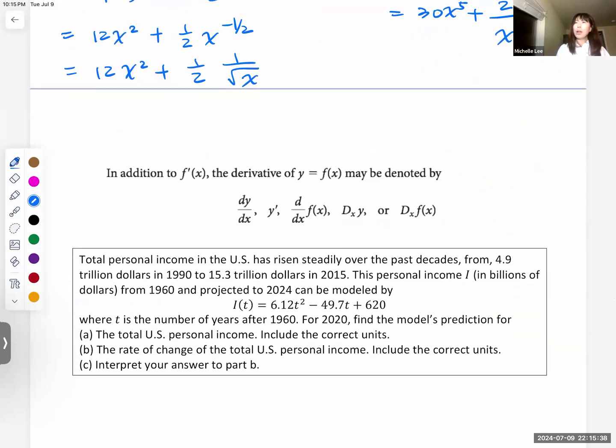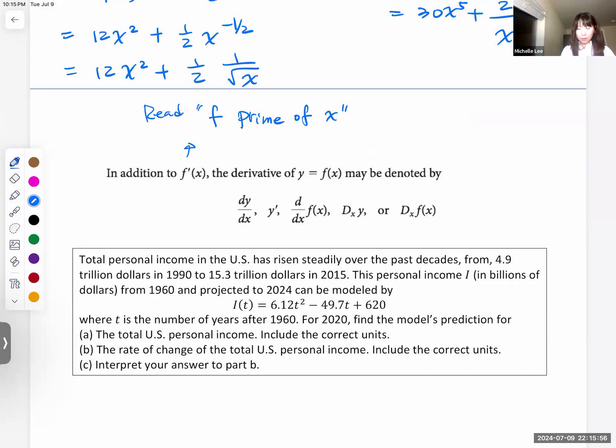All right, now in addition to f prime of x, we can express it another way.